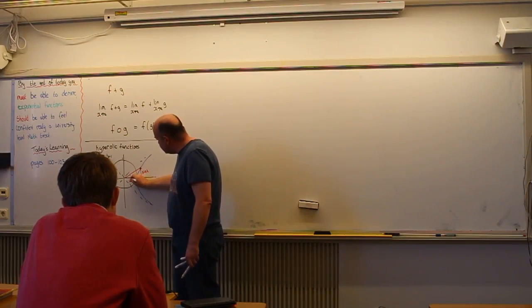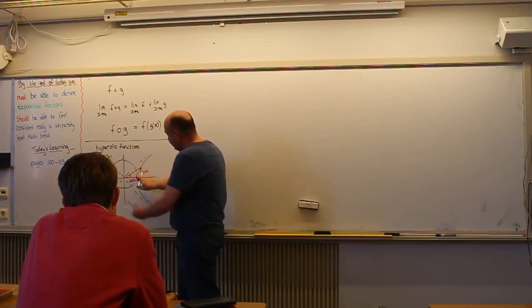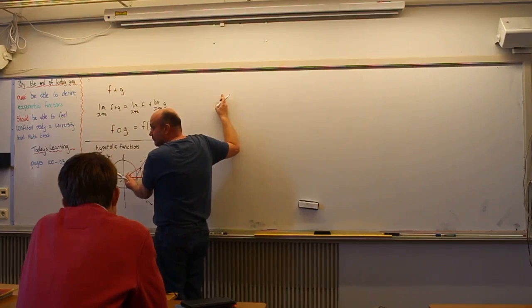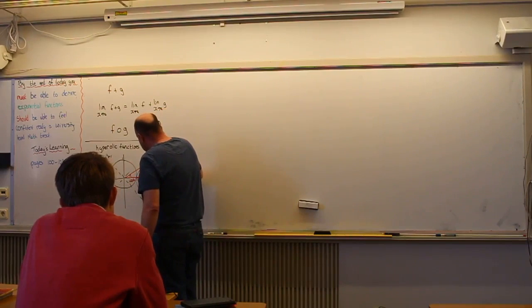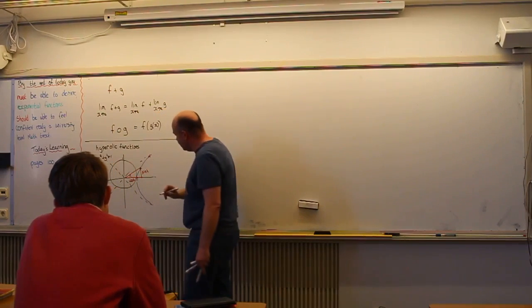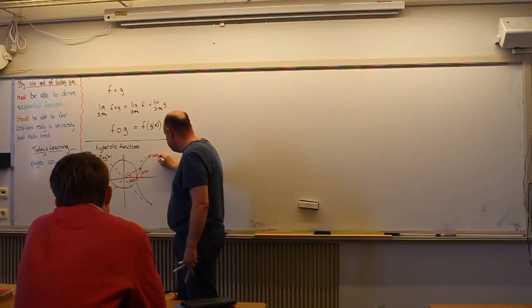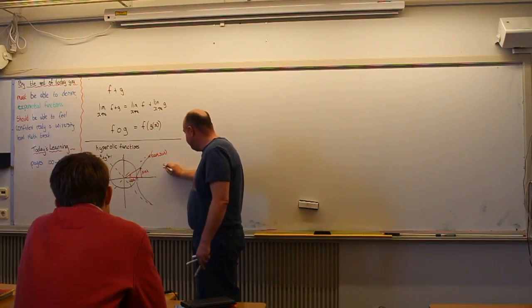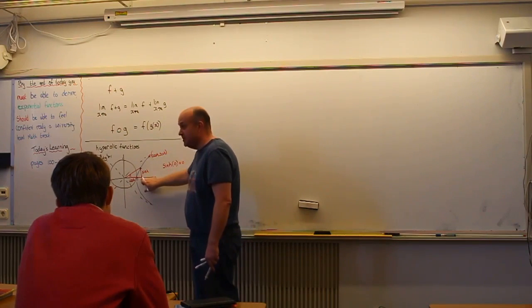So for any marked angle, as you increase the angle, the point goes shooting off in this direction. Any point on the curve is cosh, sinh. And it makes a set of values such that sinh of 0 is 0, so it's flat.